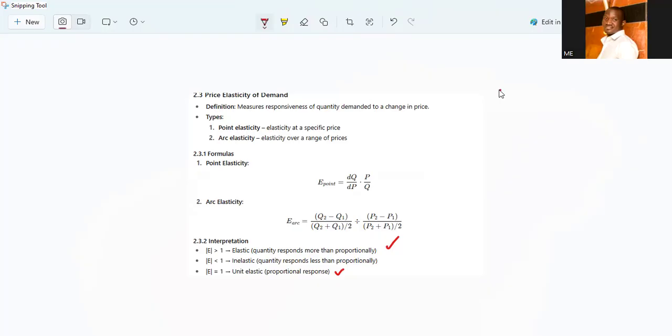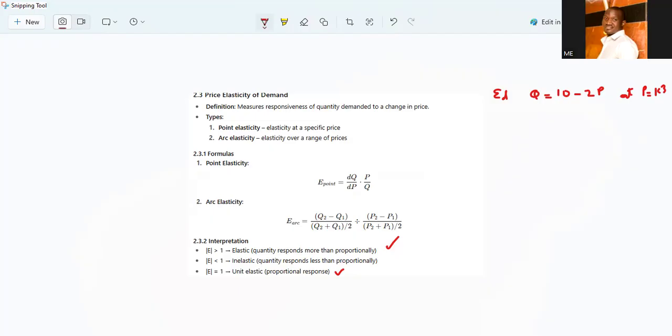So for direct demand, we say if you have demand which is 10 minus 2p, what is the point elasticity of demand when the price is 4 kwacha or 3 kwacha?